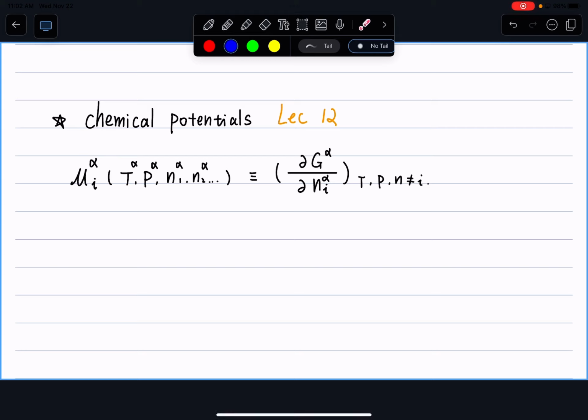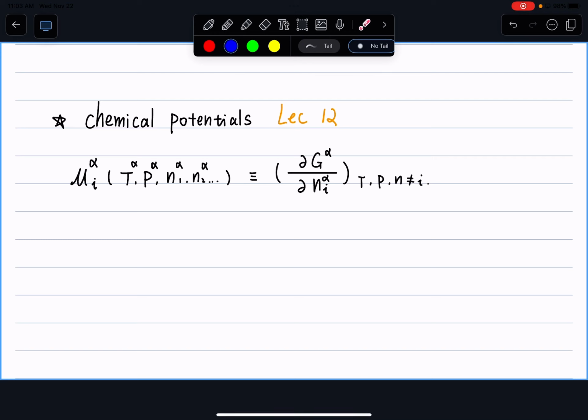That is a function of temperature at that phase alpha, pressure of that phase alpha, and number of moles of all other substances at that phase alpha. And that is by definition equal to the partial derivative of Gibbs free energy over the change of the number of moles of your substance i, and everything else was kept constant.